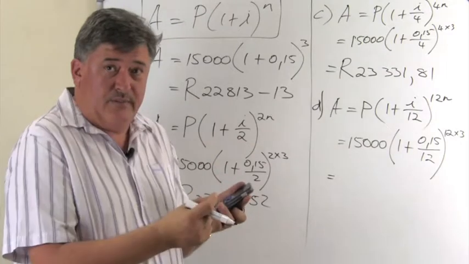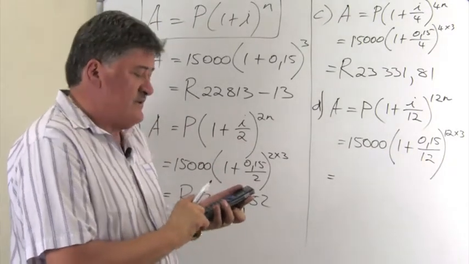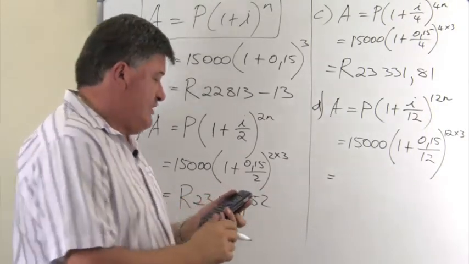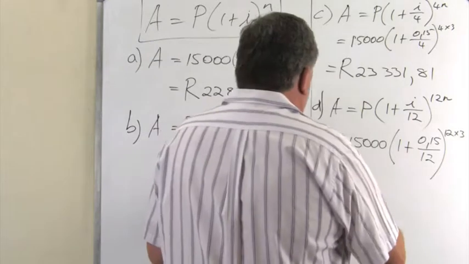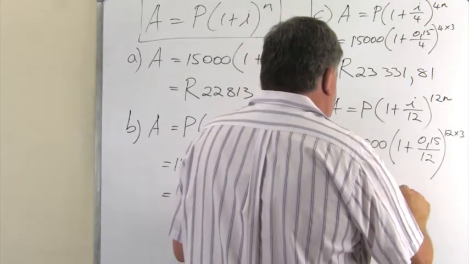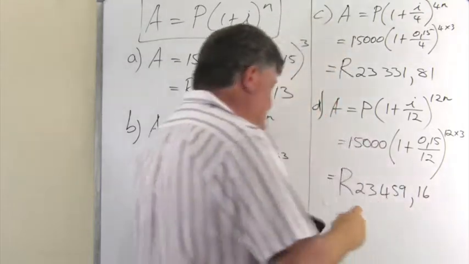Otherwise, you can put the multiplication in on your calculator, not a problem, but 12 times 3, of course, is 36 months now, number of months. You push the equal, and you will get an answer of 23,459 Rand and 16 cents.